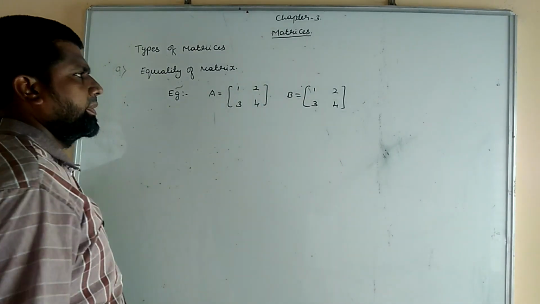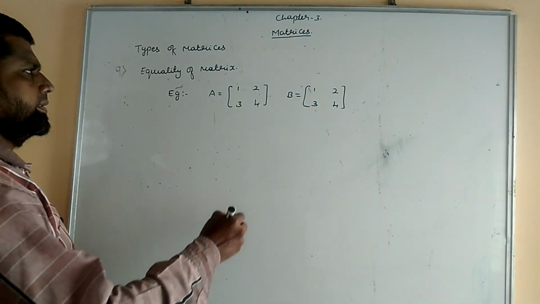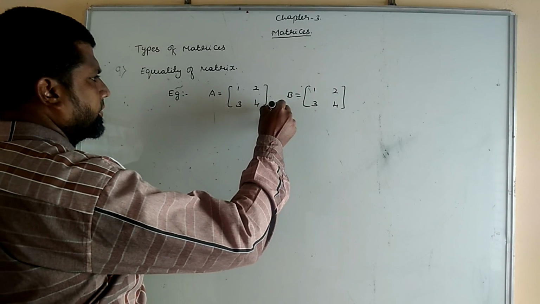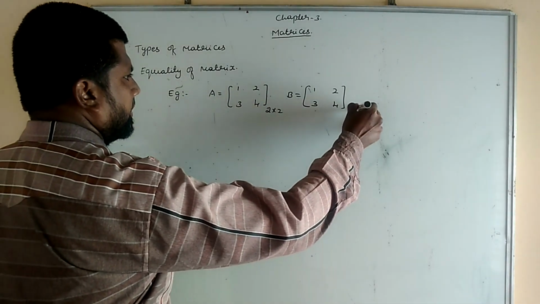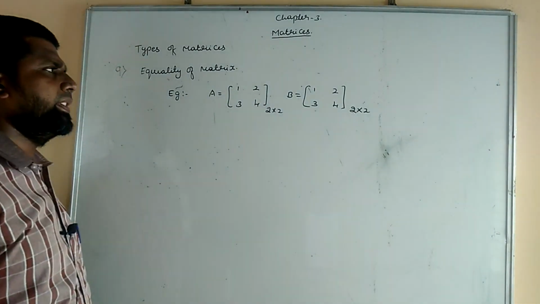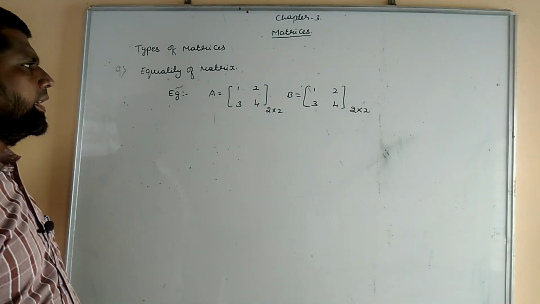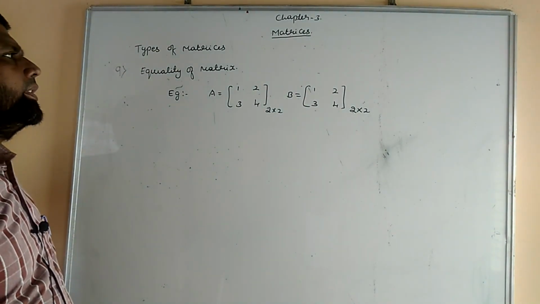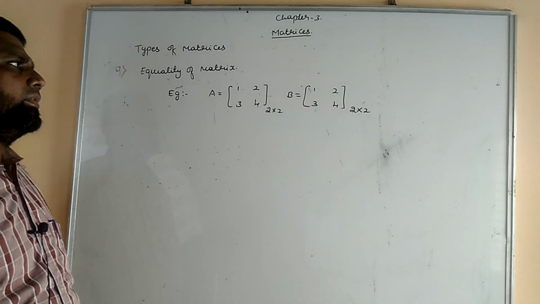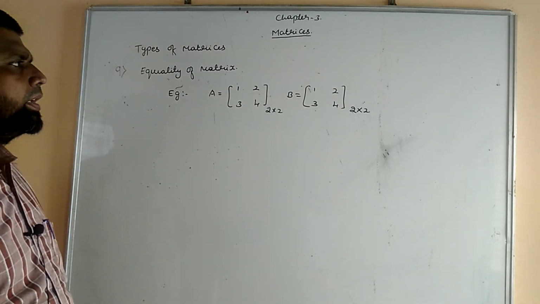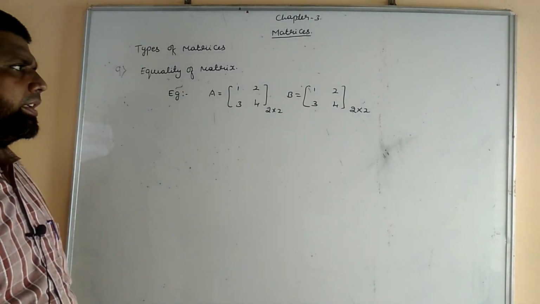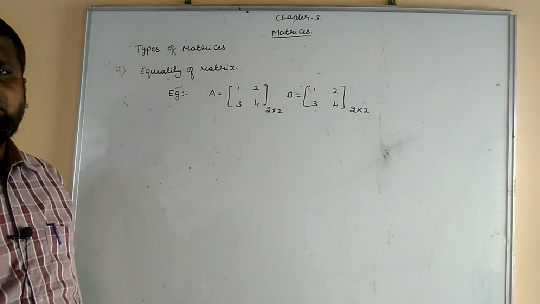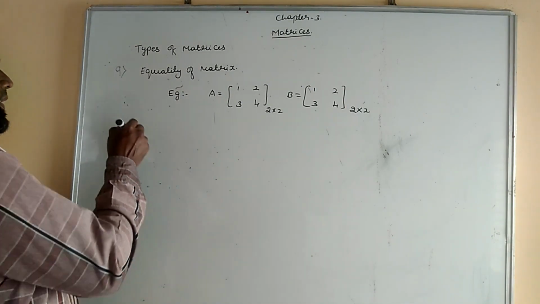So this is the example for equality of matrices. The order of the matrices is 2 cross 2, 2 cross 2. By seeing the two matrices, they have the same order and the corresponding elements of both matrices are the same. So it is said to be equality of matrices.